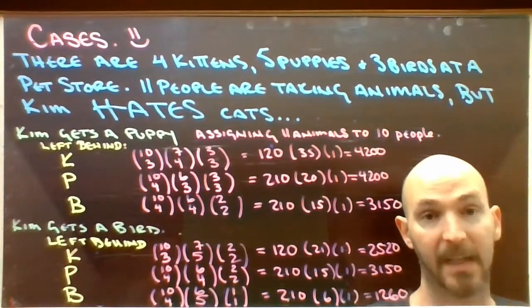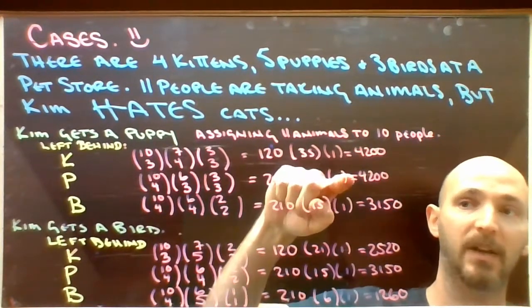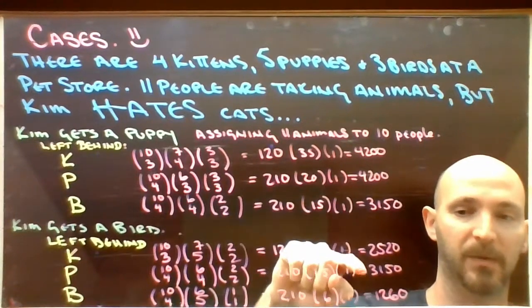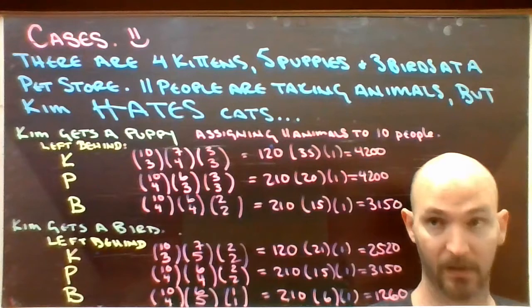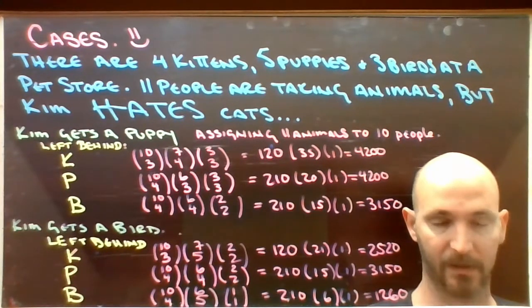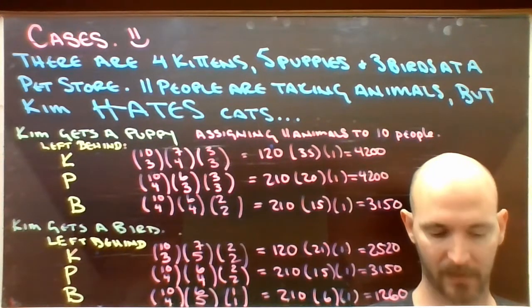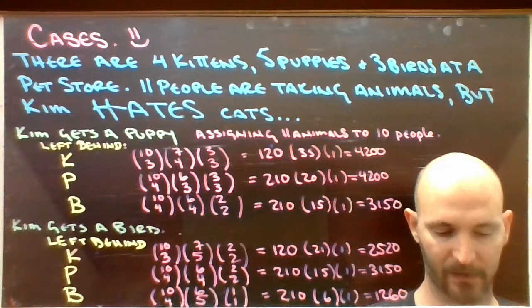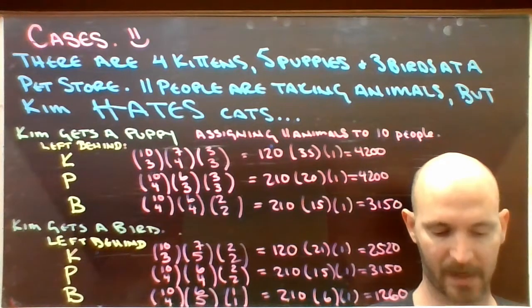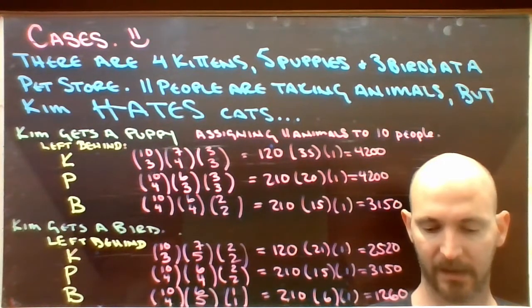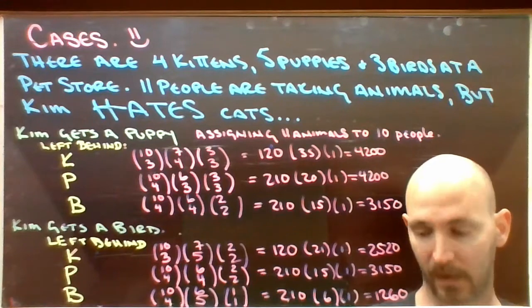So, since this is a cases question, and you can do it this way, or this way, or this way, or this way, or this way, or this way, I need to add those all up. So 4,200 plus 4,200 plus 3,150 plus 2,520 plus 3,150 plus 1,260 gives me 18,480 ways.